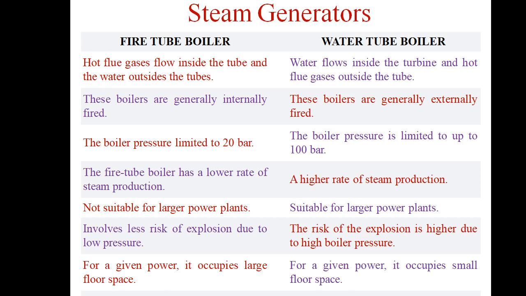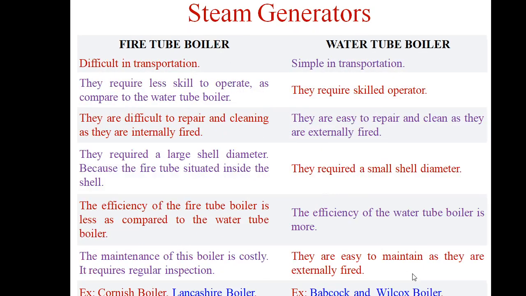Then fire tube boilers are difficult to construct, whereas water tube boilers are easier to construct. The transportation of a fire tube boiler is difficult because the size is larger, whereas water tube boilers are simple to transport because the size is smaller.